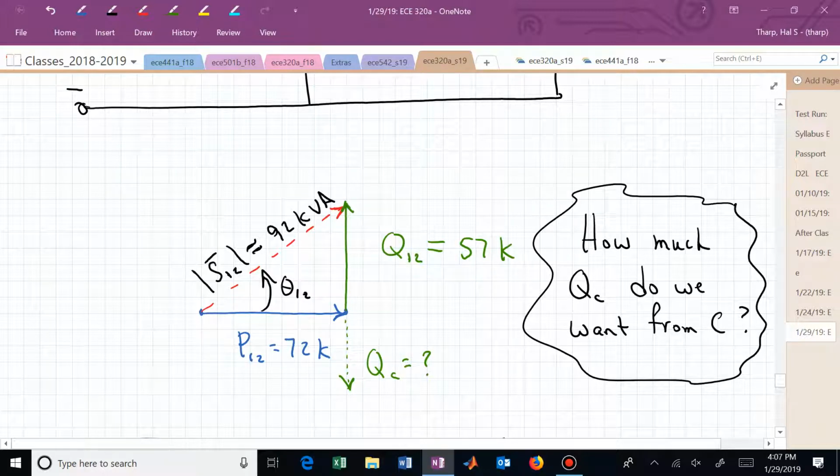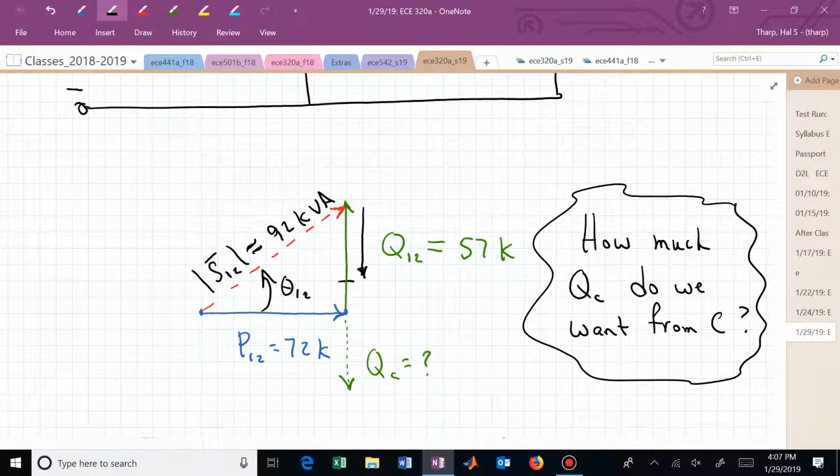And now you would use the power factor to find the angle. And once you know the angle, you're saying, oh, I now need to go down to that spot. So now I need my Q sub c to go down to there. So that's the length I would need my Q sub c to be. Is it clear how I could make that power factor not just 1 or an angle of 0? I could vary it to make the problem a little different.